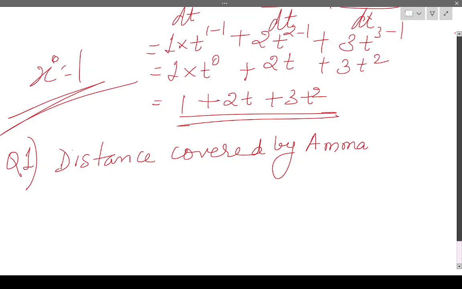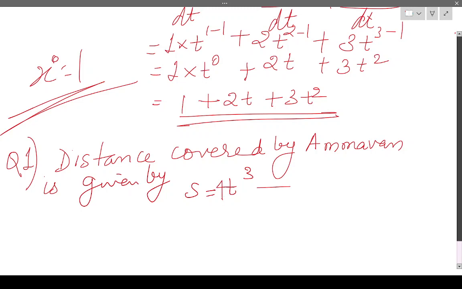I made the channel's name Ammavan. The distance covered by Ammavan is given by this expression: distance s is equal to 4t cube minus 3t square plus 5t.